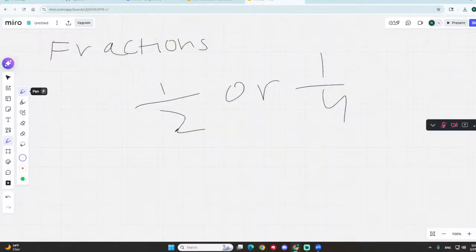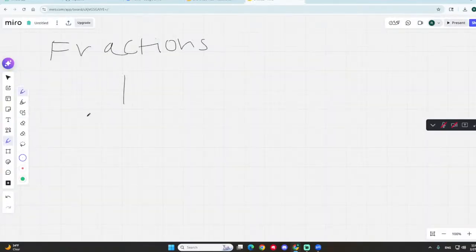We already went over this, but 1/2 is greater than 1/4 because this denominator is smaller. When this denominator gets larger, the fraction gets smaller because there's more parts, so the parts are smaller.